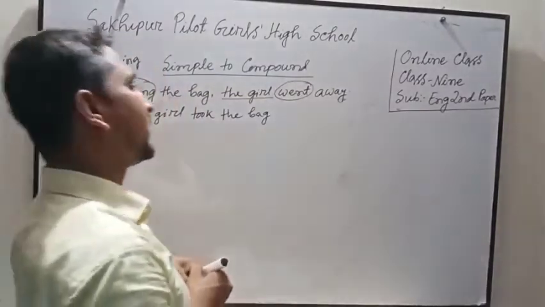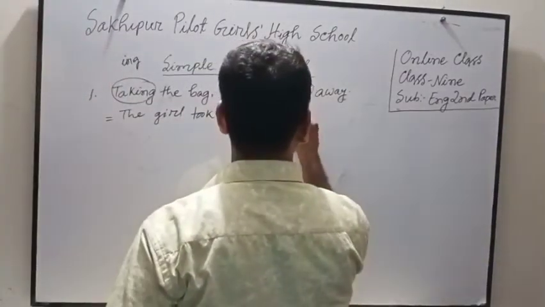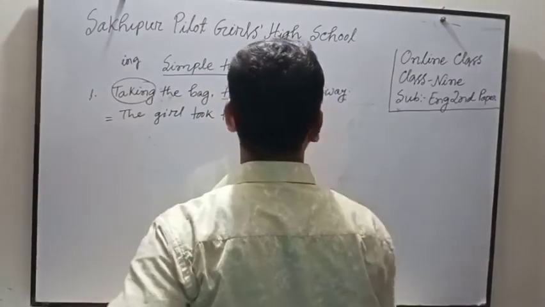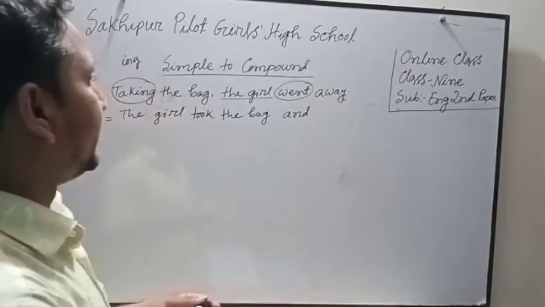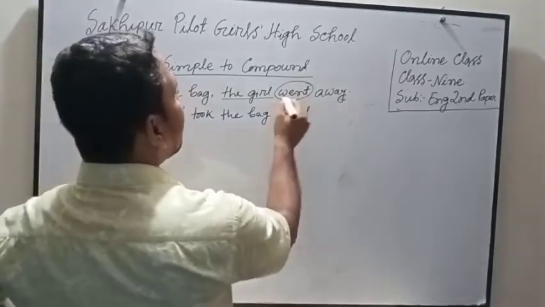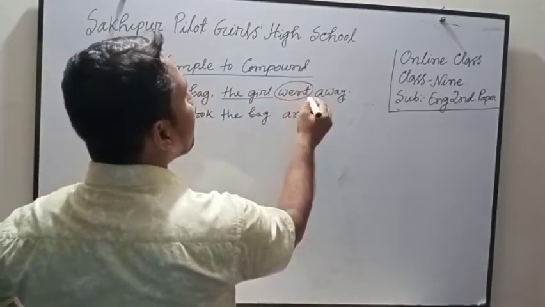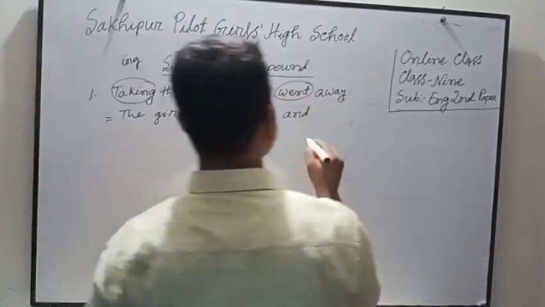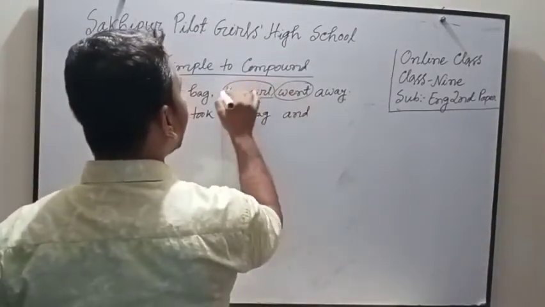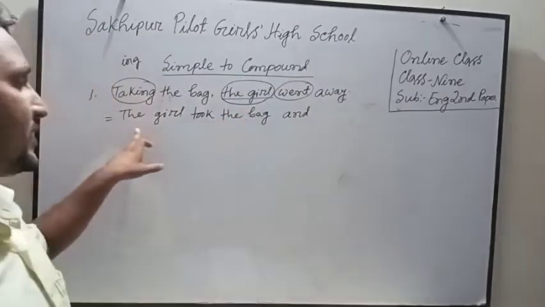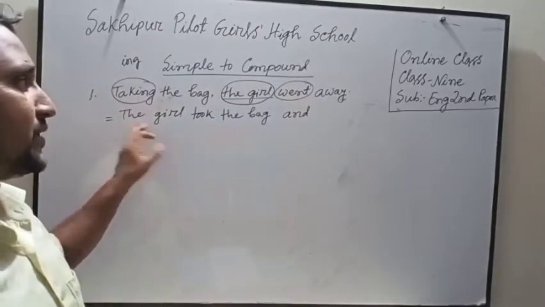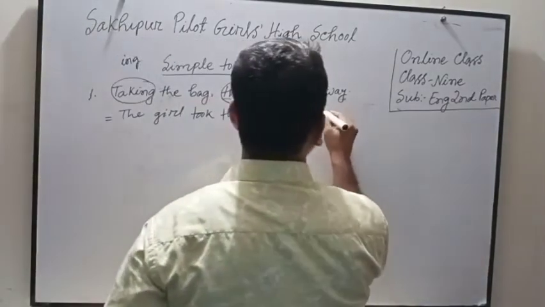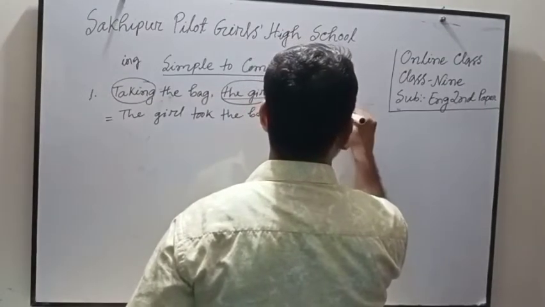We have to use the conjunction and here. Then we have to write the rest of the part of the sentence, because we have used the subject at the beginning of the sentence, so we have to write went away.